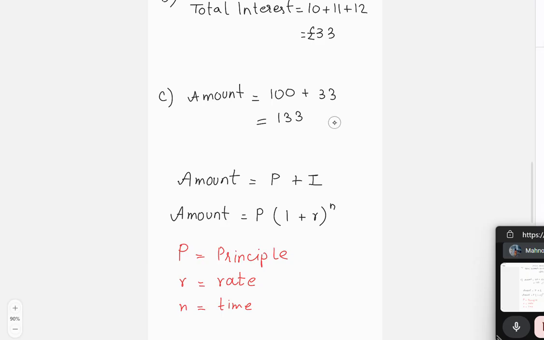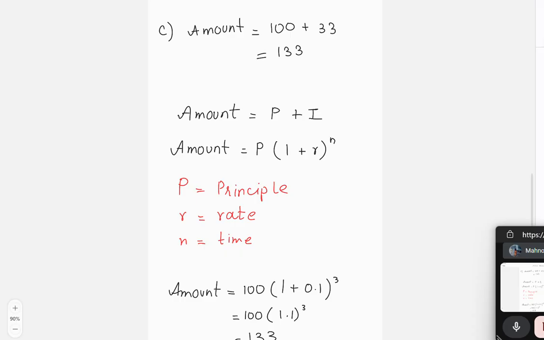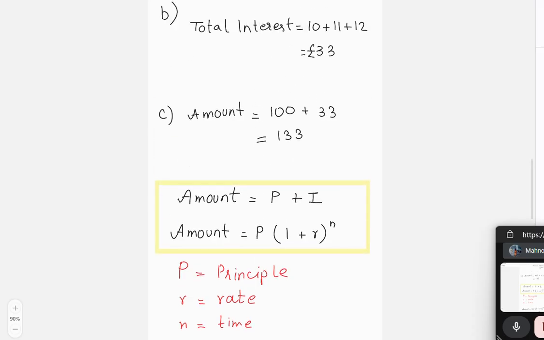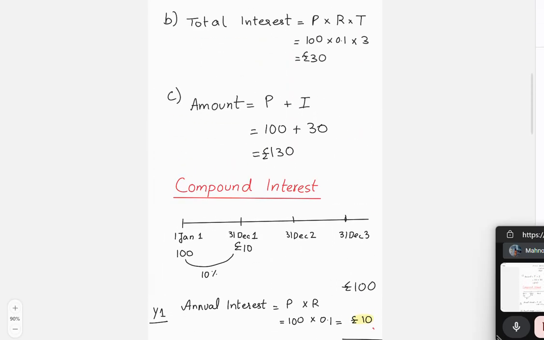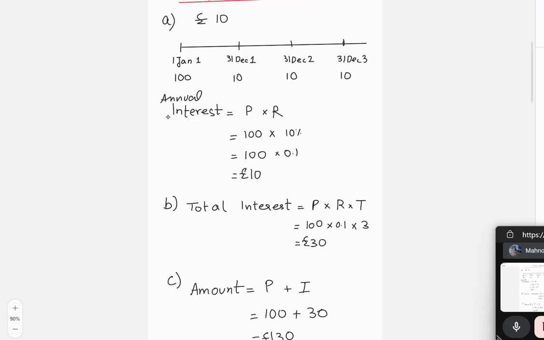So basically, there are 2 formulas that we learned for compound interest. They're right here. And there are 2 formulas that we learned for simple interest. So this formula is the same here and in compound interest.